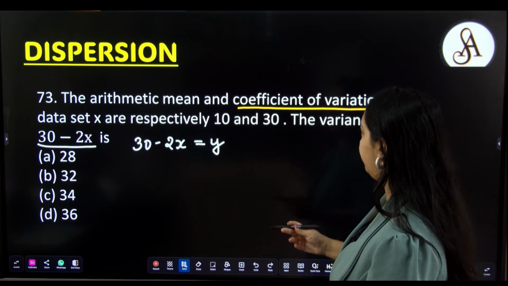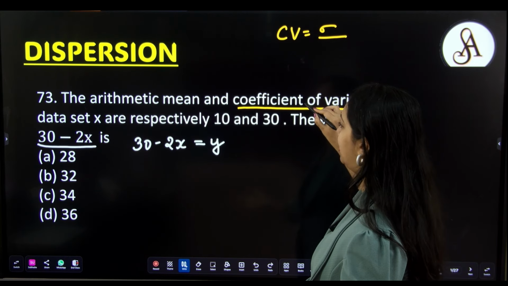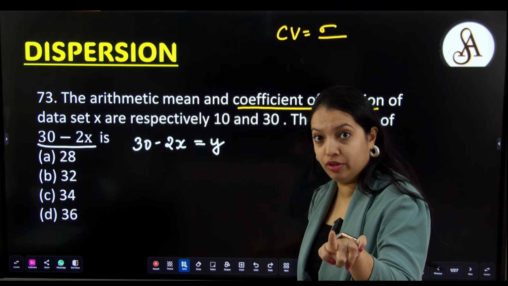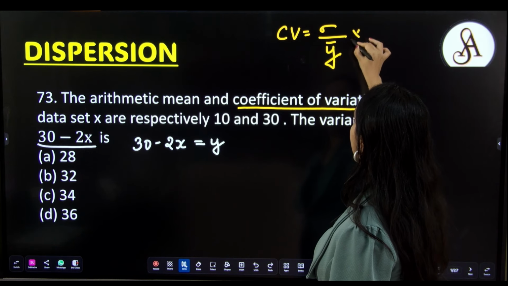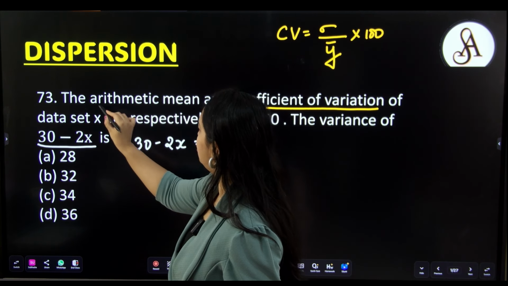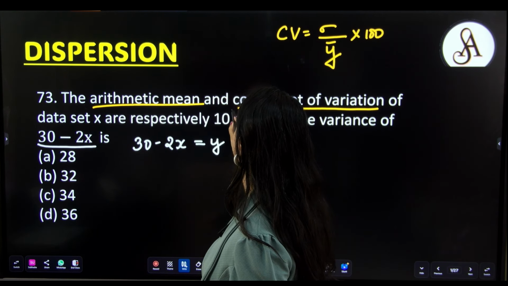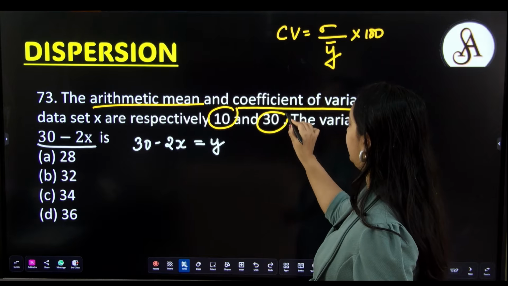Let's put the coefficient of variance formula. CV is equal to sigma by x bar into 100 if I want to find the coefficient of variance of x. If I want to find it for y, it is sigma y by y bar into 100. Now let's check what other information is given. Arithmetic mean of x is equal to 10. Coefficient of variance of x is equal to 30.